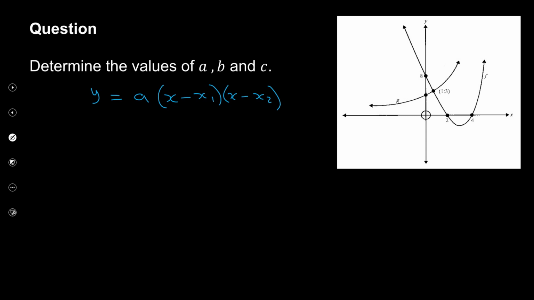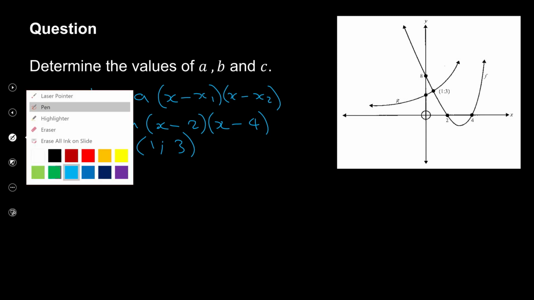You substitute y is equal to a into x minus 2, and then x minus 4, right? And then I have a point (1, 3), so this will just be, not y, because already I'm substituting what that is.